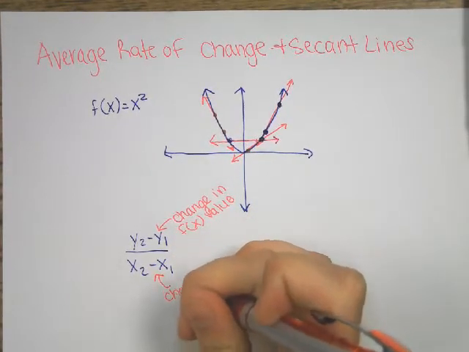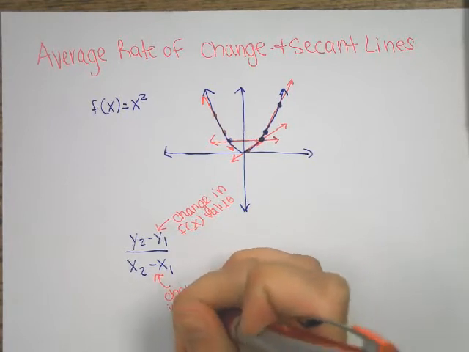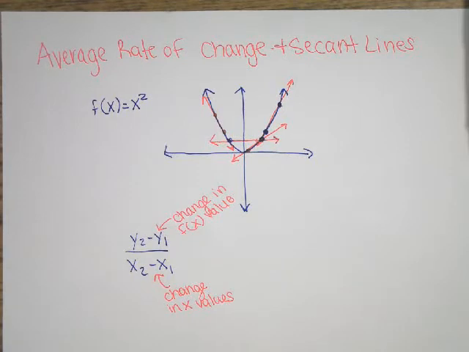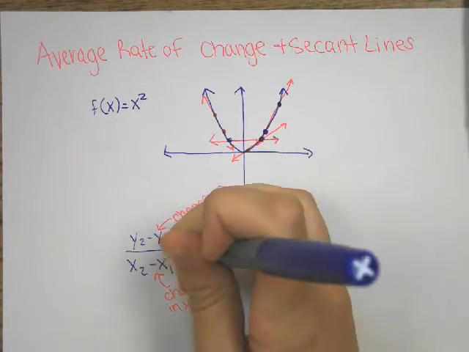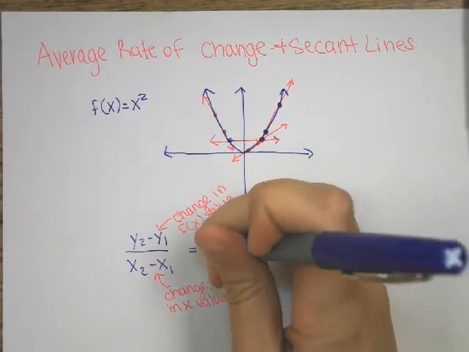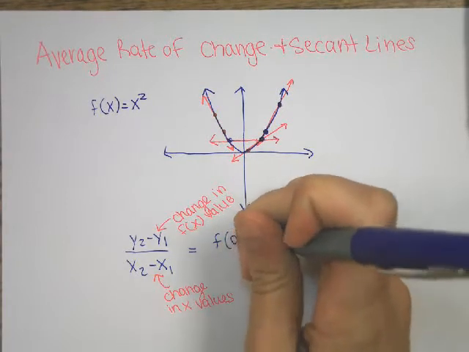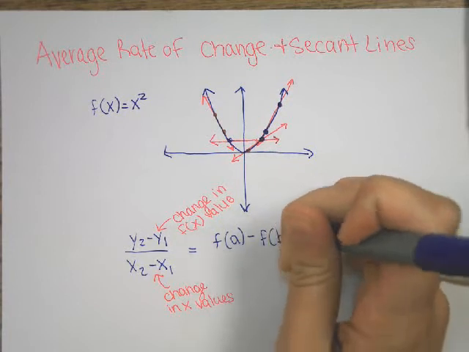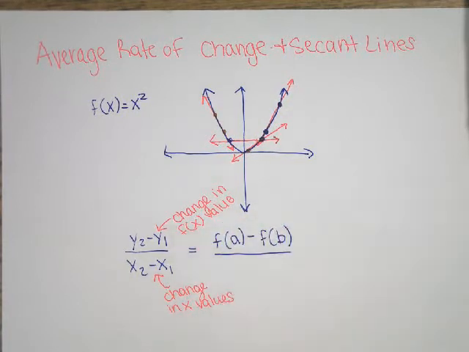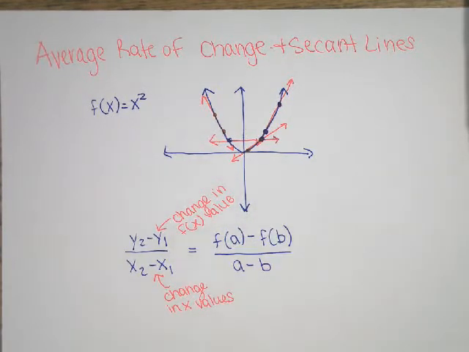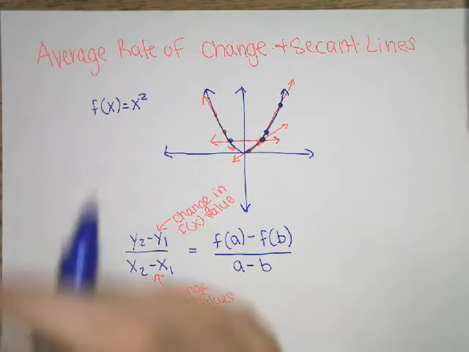Down here, this is our change in x. Change or difference, okay, in our x. We're going to write this today as f of a minus f of b over, so it's the function at our first point, the function at our second point, over a minus b, to find the slope of that line.